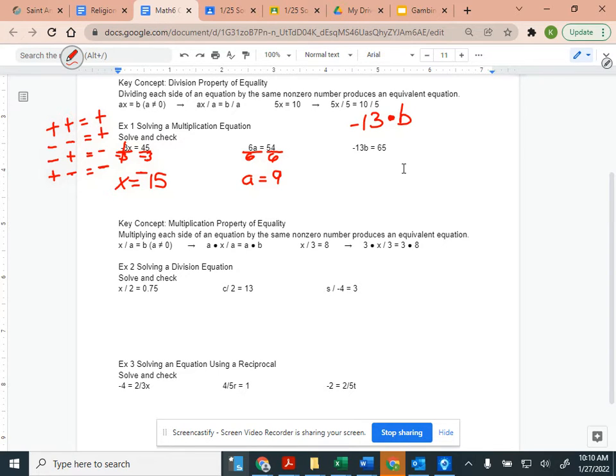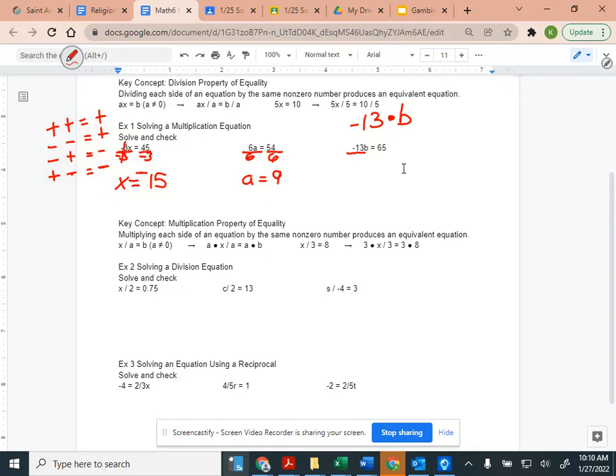So when our number is right next to the letter, when the number is right next to a parentheses, we know that the operation is multiplying. So we want to do the opposite of multiplying. What is the opposite of multiplying? Division.